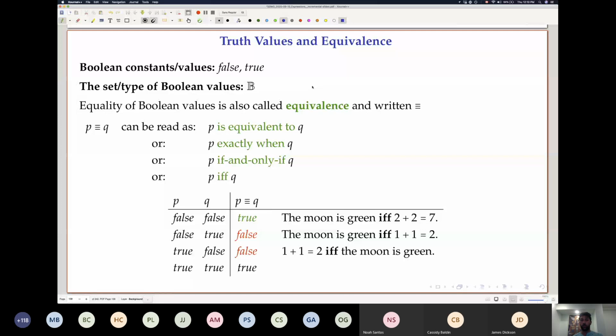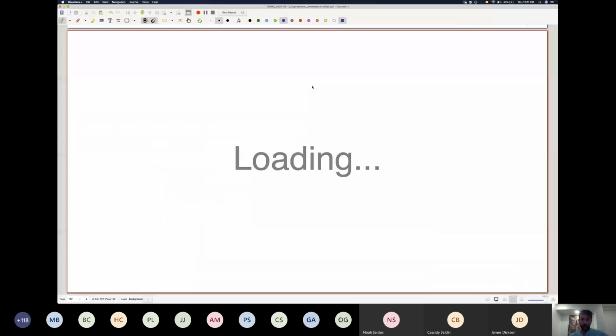So again, we're going to work with equality as we would work with the other operators, using an interface rather than a particular implementation. For us, two things are equal precisely when those two things are actually the same one thing. Some people will say it's just reflexivity, and we will get to that rule as well.